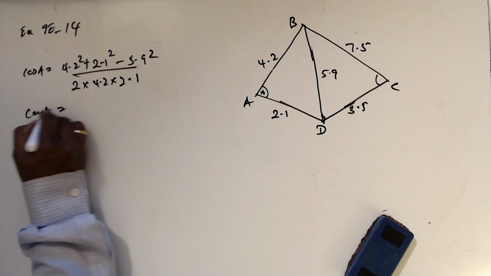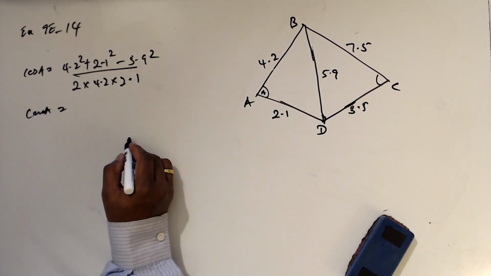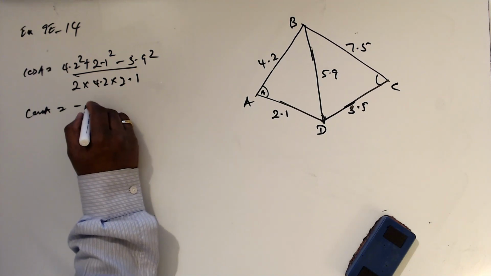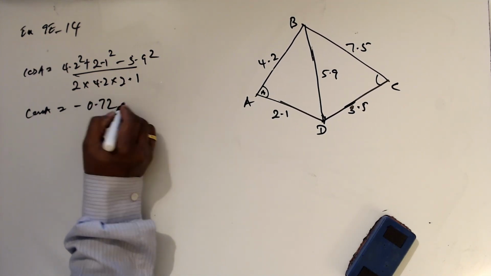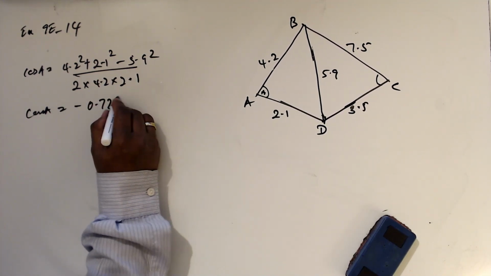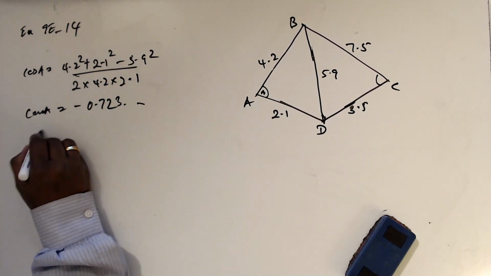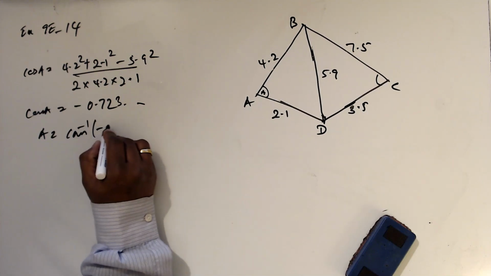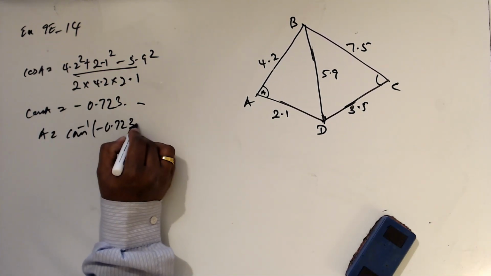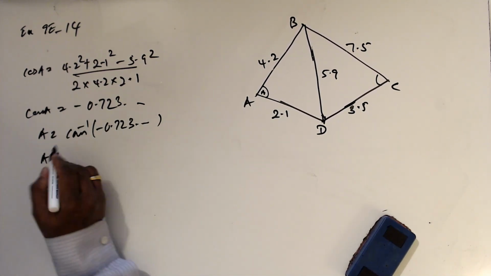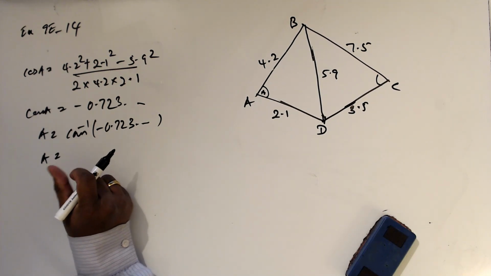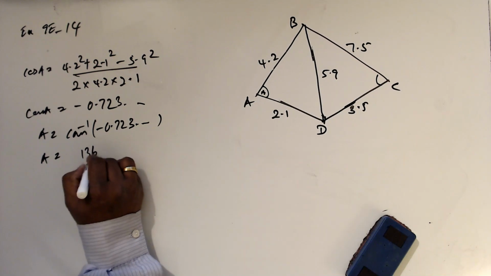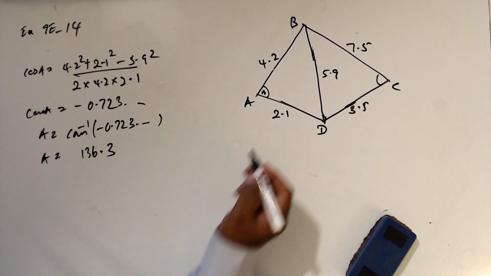So cos A is going to be minus 0.723. So A equal cos inverse minus 0.723. Then you will get A around 136.3.